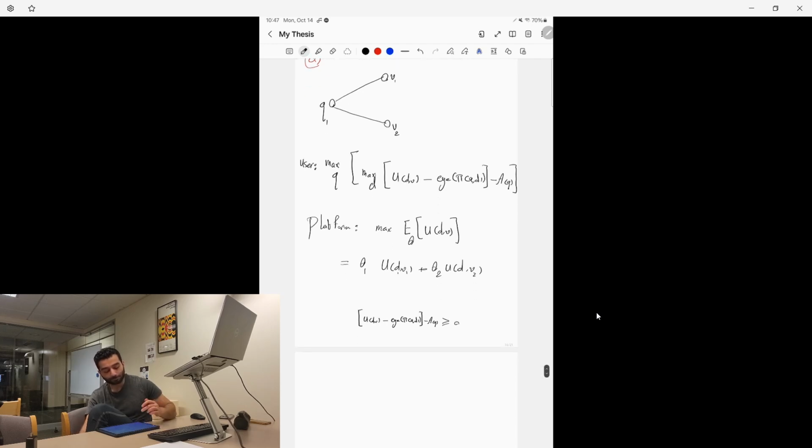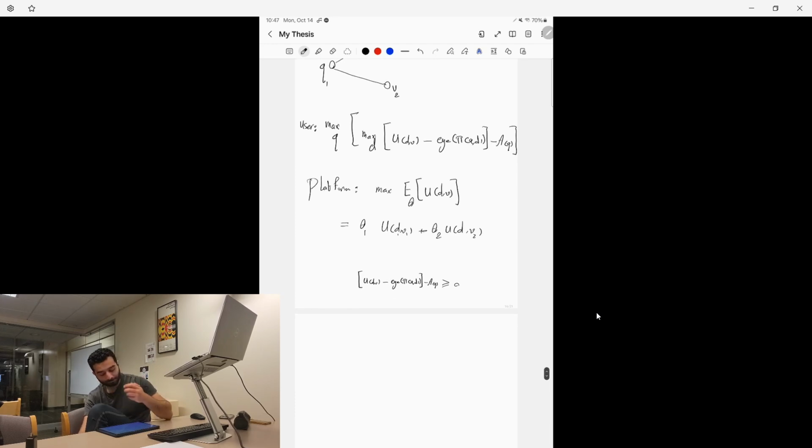So, assume V equals V1. If the consumer is of type 1, what happens?